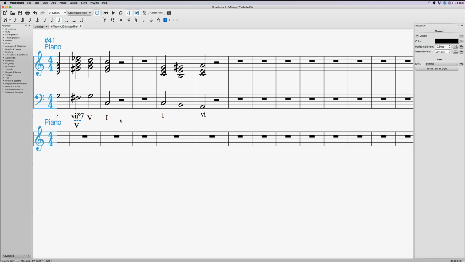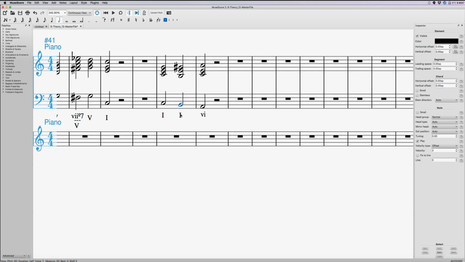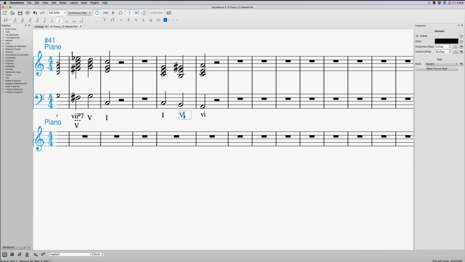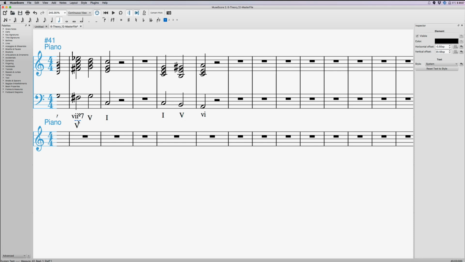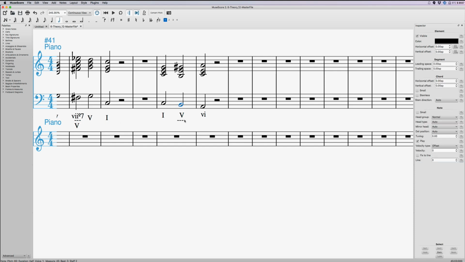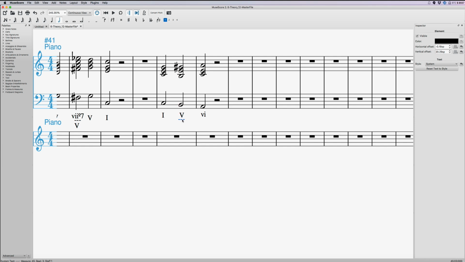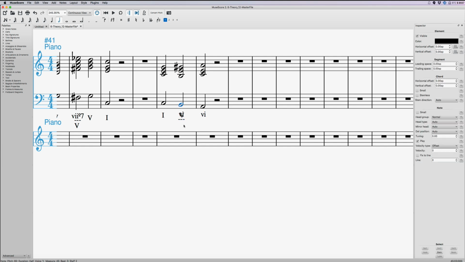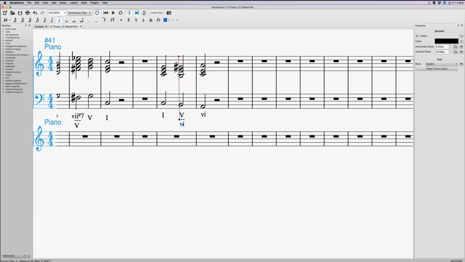Now there's no 7th in that chord, so we're going to call it just a 5 of 6. 5 of 6. That's it.